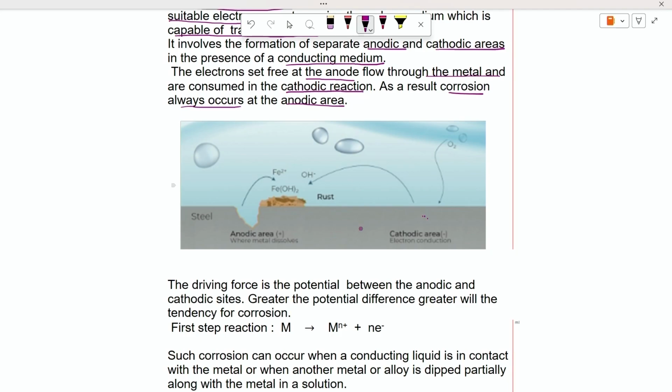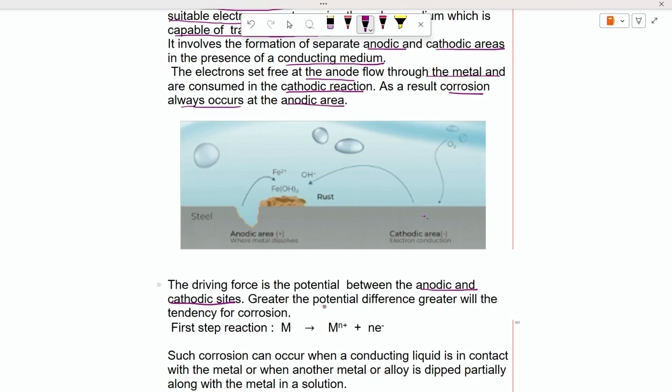Now, the driving force is the potential between the anodic and cathodic sides. If the potential difference is very high, the rusting takes place at an extremely high speed. If the potential difference between the anodic and cathodic sides is not that much, the electron moves very slowly and the rusting occurs very slowly.